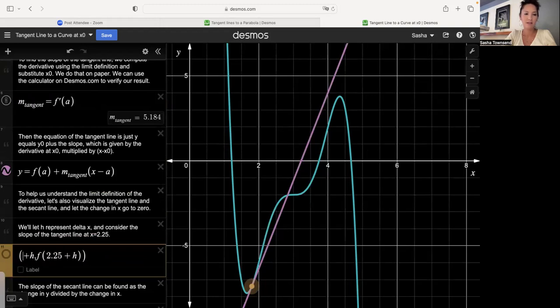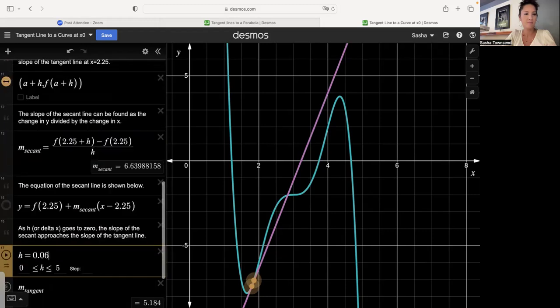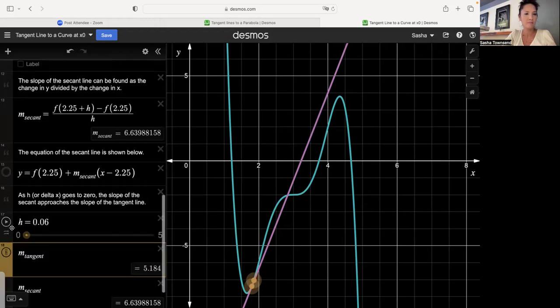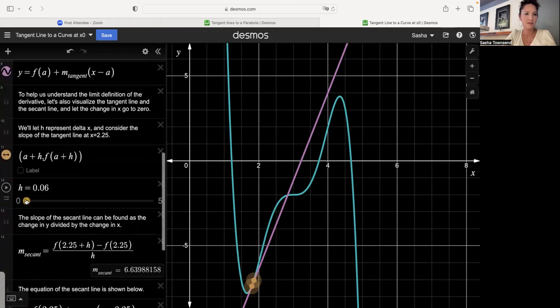Now, in order to visualize what we're doing, we can graph a plus h and f of a plus h, the second point on the graph. And we can let h change.